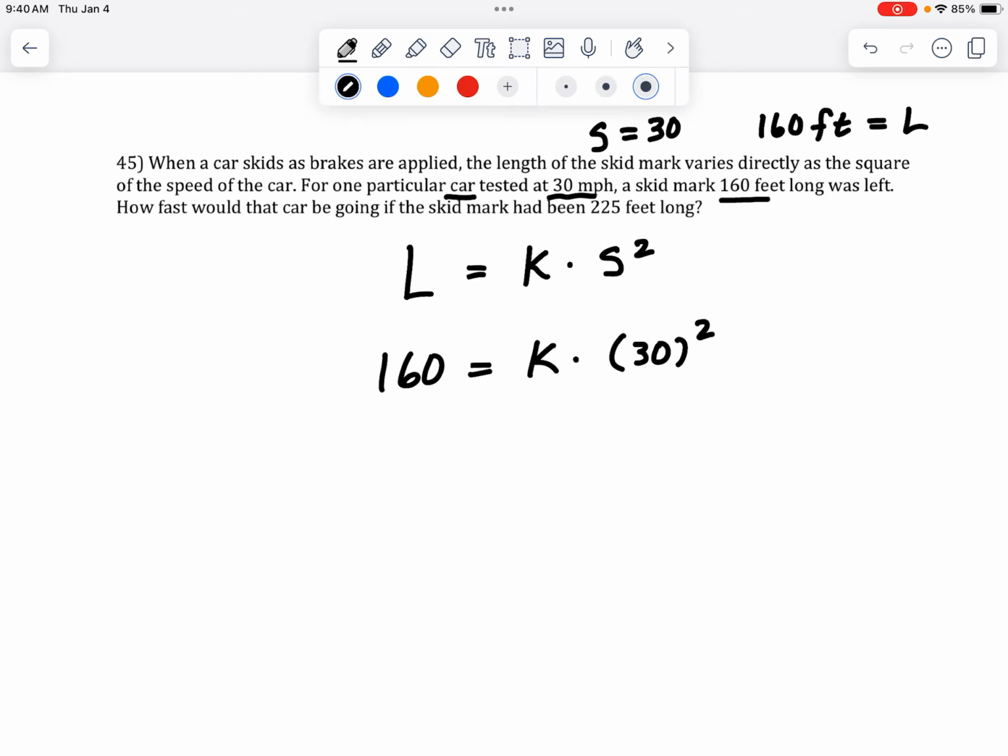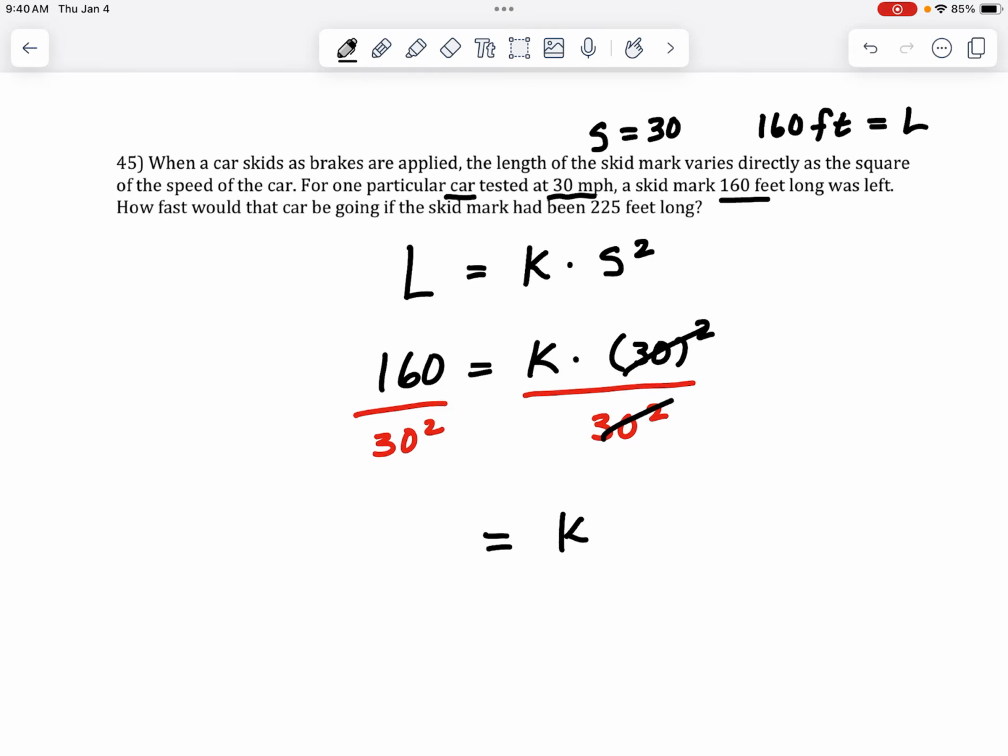So in order to solve for K, I could just divide by 30 squared. And then we have what K equals. And for that, I think I'm going to get a decimal. So I need 160 divided by 30 squared.